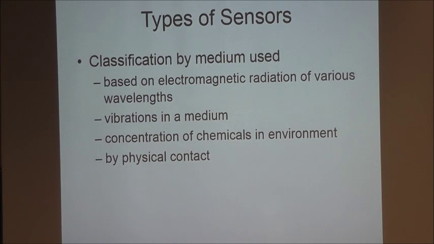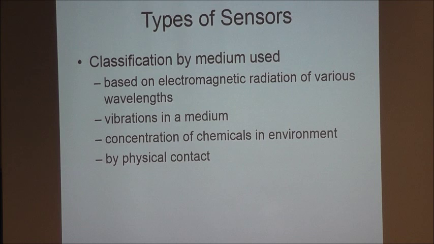You could also classify them by medium used: based on electromagnetic radiation of various wavelengths, or based on vibration in a medium, based on concentration of chemicals in the environment, or by physical contact. A lot of end effectors are manipulators with 2 or 3 or maybe even up to 5 fingers.